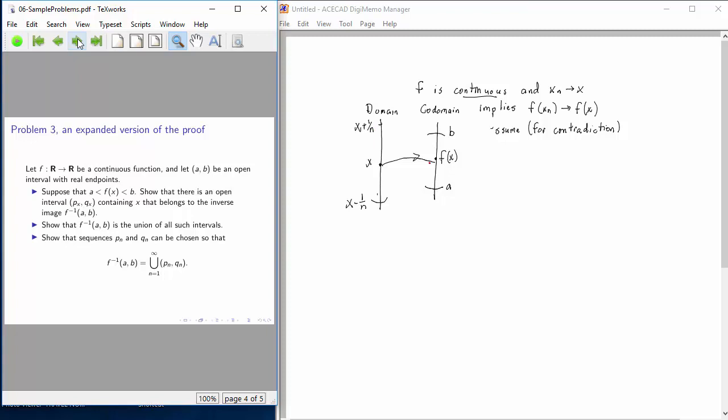That is, while x itself may get mapped into this interval, no matter how small an open interval I take surrounding x, the function f doesn't map it into some subset of AB.